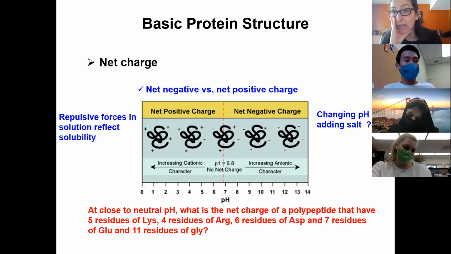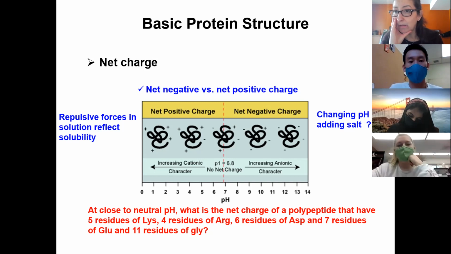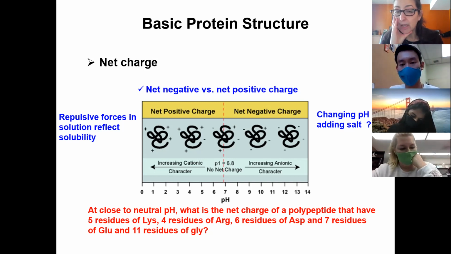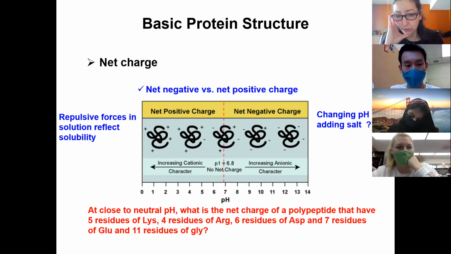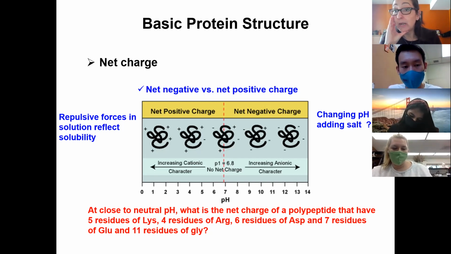So looking at it in a simple manner, I'd say I have 9 positive charges, 13 negative charges, and 11 with no charge. So 9 positive will cancel 9 negative, and I'll end up with a net charge of -4.